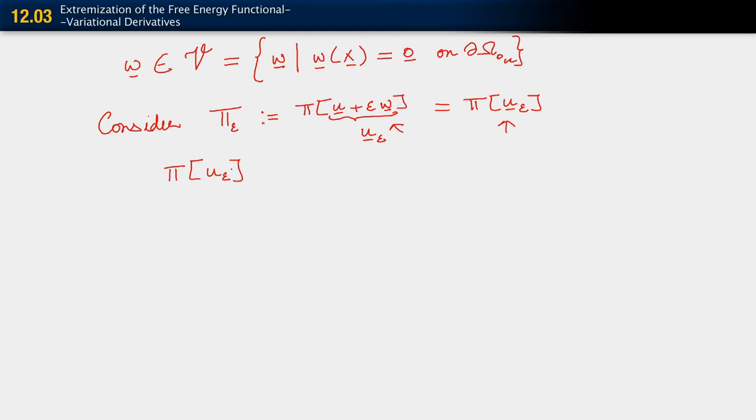Now, in order to know how pi changes with the amount of this variation, what I can consider is taking derivatives of pi with respect to epsilon, which is a scalar. Which is a well-defined thing. It's not a vector, it's not a tensor, it's just a scalar. And we know how to take derivatives of everything with respect to scalars.